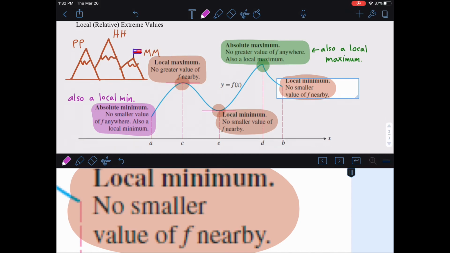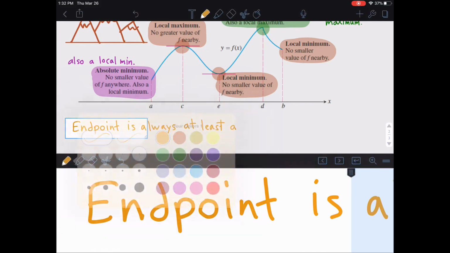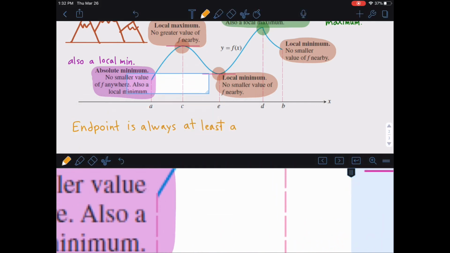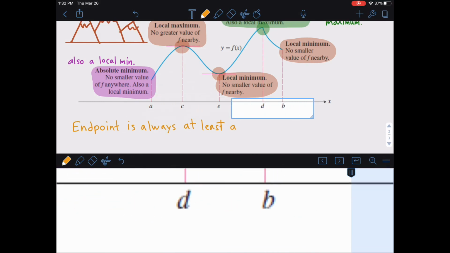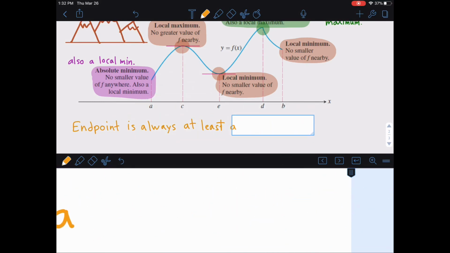And that brings me to the last idea here, which is let's talk about endpoints, okay? Because this graph started and ended on 2 points here at x equals a and x equals b.